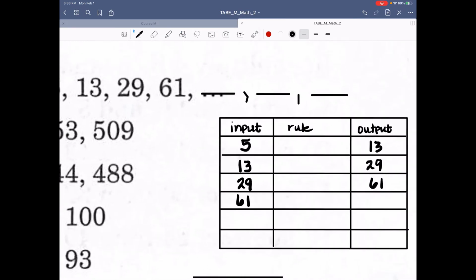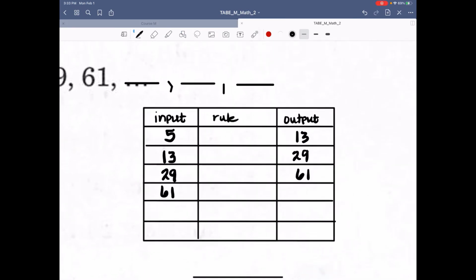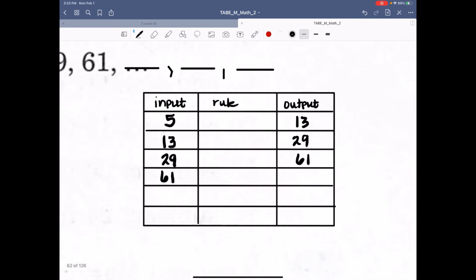So we need to figure out the rule. Now the rule, I know we're building up because if you look at the input and the output, you can see that it's getting bigger. So we know that we're building up. That is clearly not going to work, guys. I'm sorry. But I do need one more.